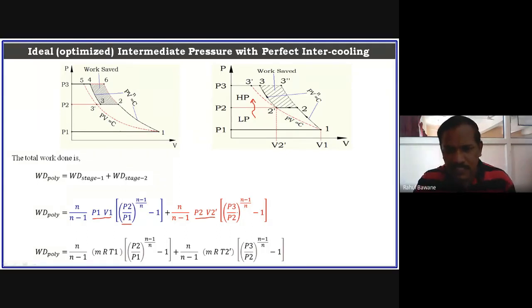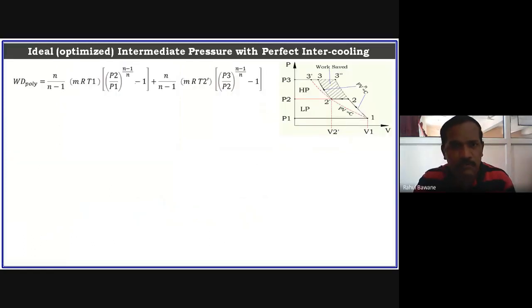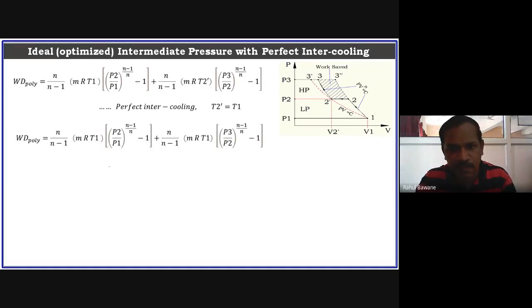As I said, if it is a perfect intercooling, T2 dash must be equal to T1, because after intercooling the temperature is brought back to its initial temperature. That means we can replace T2 dash by T1.